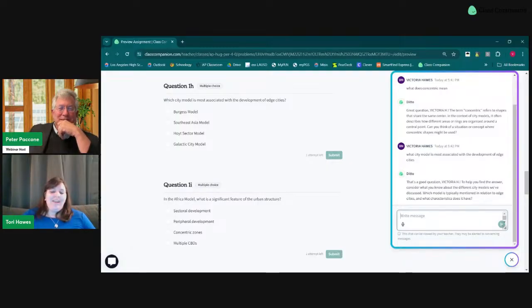So that's one thing my students like to try, to trick Ditto, but sometimes they also just have conversations with Ditto. As teachers, you can actually see all of the questions that your students ask Ditto. Sometimes my students just start asking, what's your favorite music? How's your day going, Ditto? And it's just funny to see those kinds of conversations. And every time Ditto's response is just, that's a good question, but let's get back to your assignment.